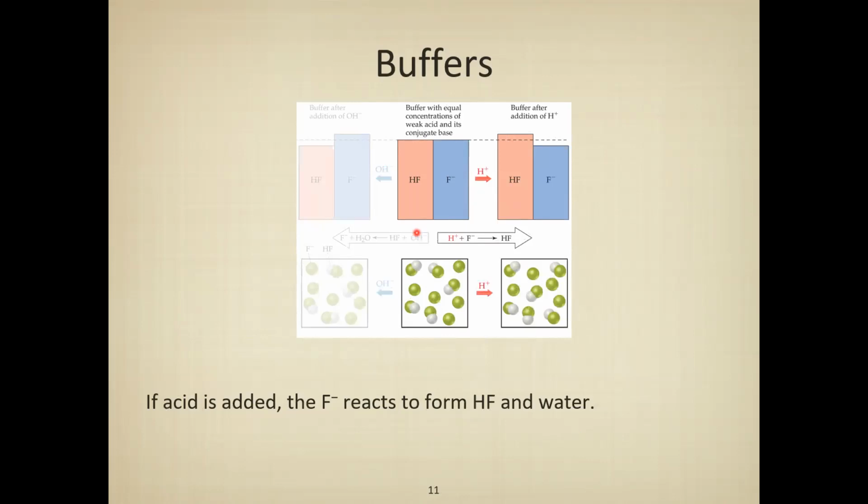And in the other case, if we add acid, so if we're adding H plus now, we've got that fluoride ion present. So those are going to combine to give us more of that hydrofluoric acid molecule. And again, it's going to be resistant to pH change because it's removing that H plus from solution and giving us the HF molecule.